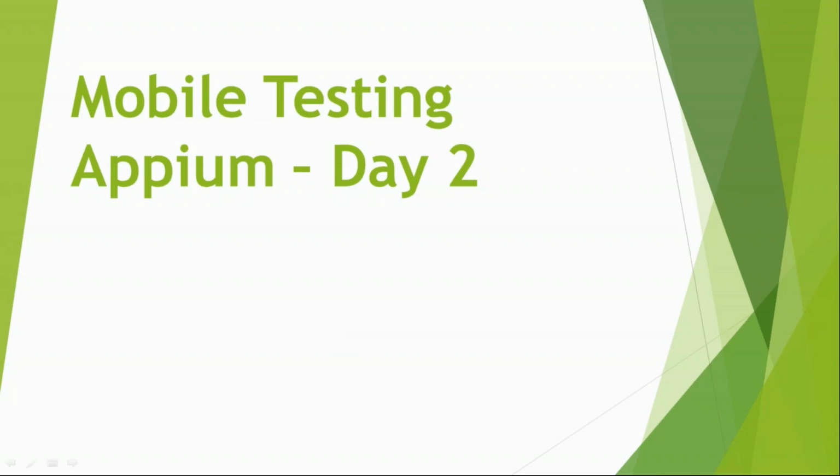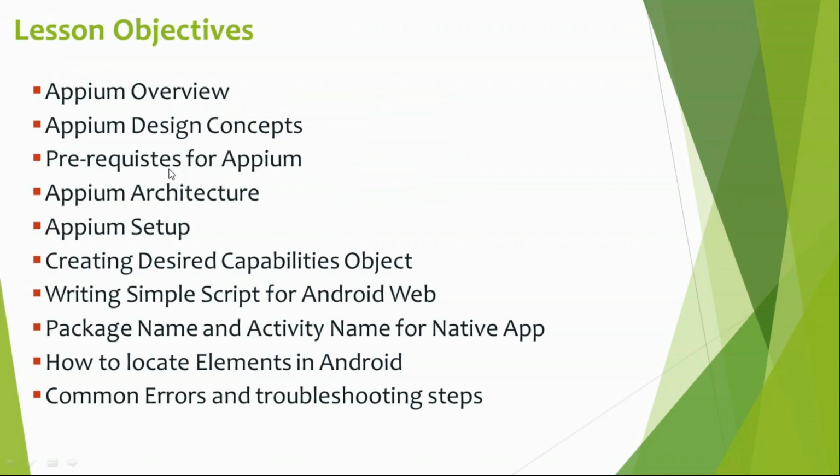Okay, great. In the previous lesson, we have seen what APM is and why we need to do mobile automation testing. In this lesson, we will see the overview of APM and its design concepts, prerequisites, the list of software that is required to install the APM tool, and we'll discuss the architecture of APM and APM setup.